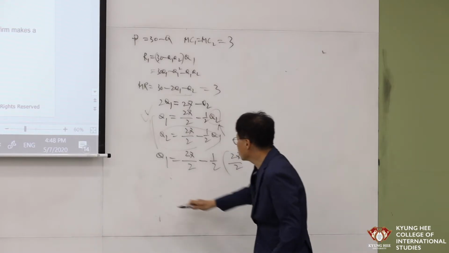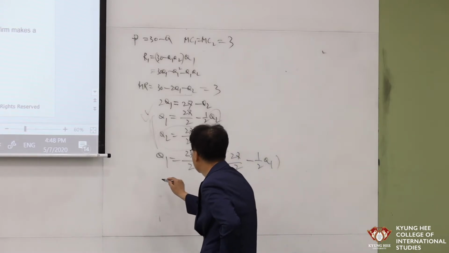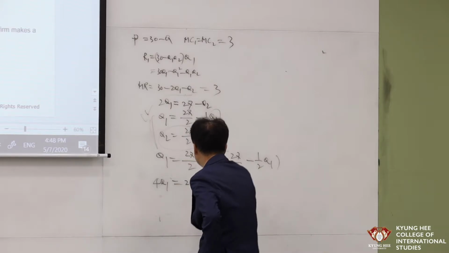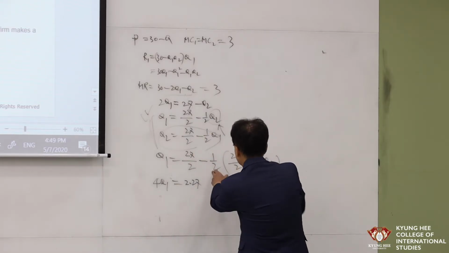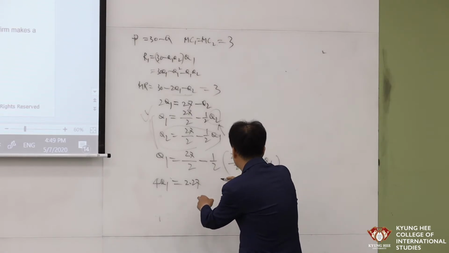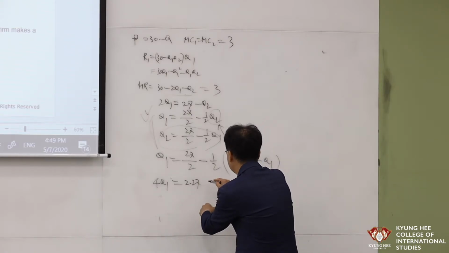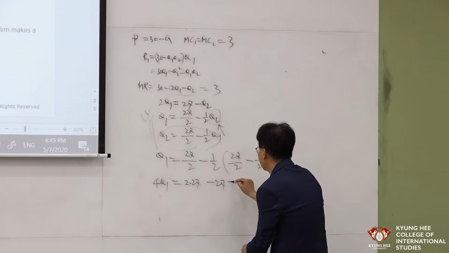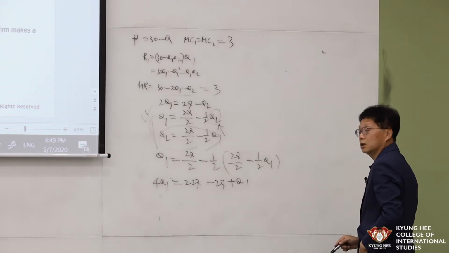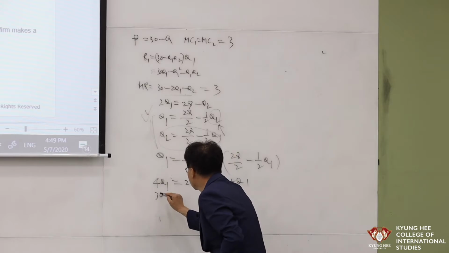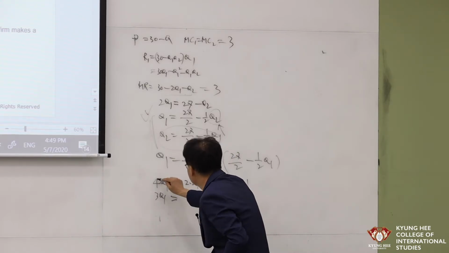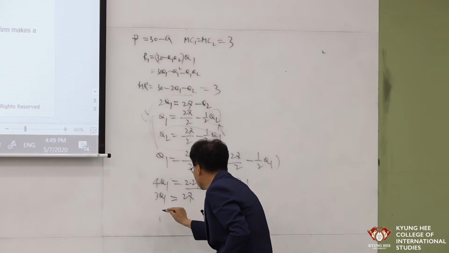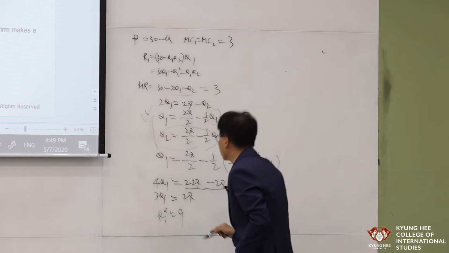Both sides multiplied by 4, then 4Q1 is equal to 2 multiplied by 27 minus 4 times half Q1, so only 27 is left, and Q1 is also left. So 3Q1 is equal to 27, since 4Q1 minus Q1 is 3Q1. So Q1 star is equal to 9.